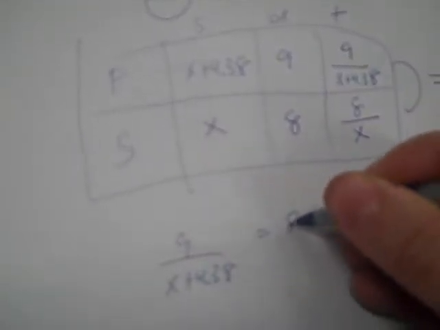Time you don't know. You know they traveled for the same amount of time, so you have to use distance over speed. It's distance on top. 9 over x plus 4.38 and 8 over x. So now we make those into a proportion. Okay, A times B is going to equal C times D.